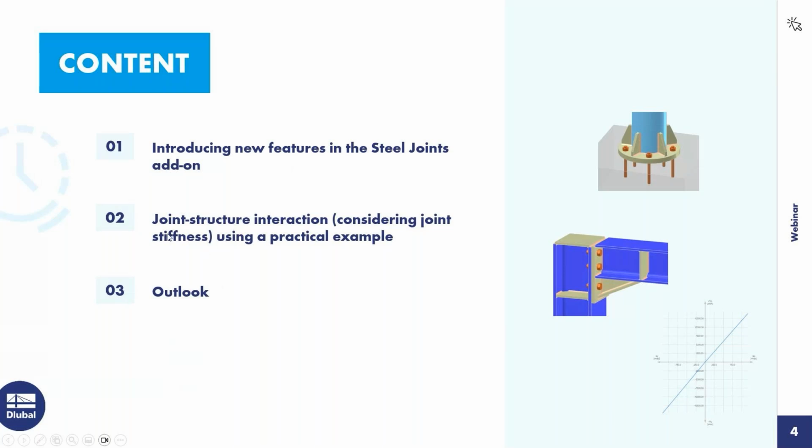Then the second point is joint structure interaction. That's one of the new features. You can consider the joint stiffness, and I will show that on a practical example. And the last point is Outlook. I show you what we schedule for the future.